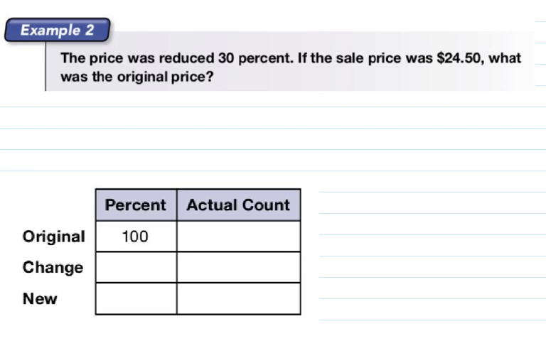Example 2. The price was reduced 30%. If the sale price was $24.50, what was the original price? Okay, let's write our information given. The price was reduced 30%.